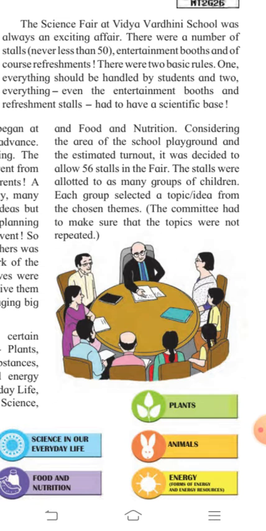Considering the area of the school playground and the estimated turnout, it was decided to allow 56 stalls in the fair. Now you also have in your school a lot of area around, right?